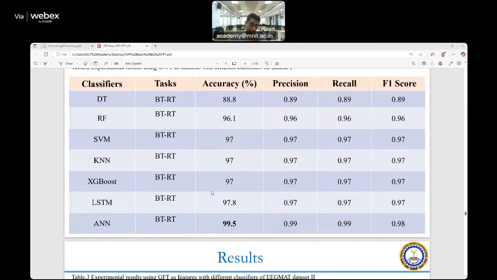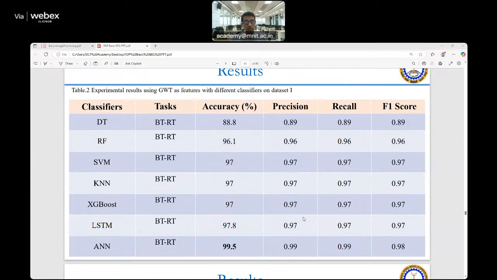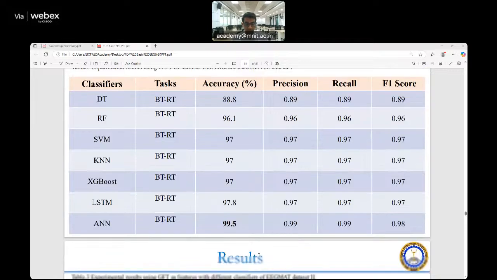So here, in table 2, we are saying that GWT is used as a feature. Earlier GFT was used. When GWT is used, we got the result, and ANN was much better.